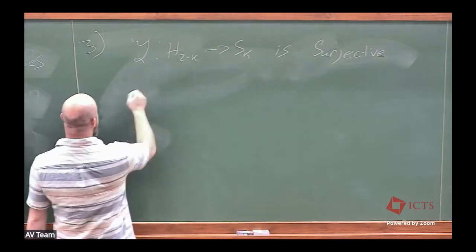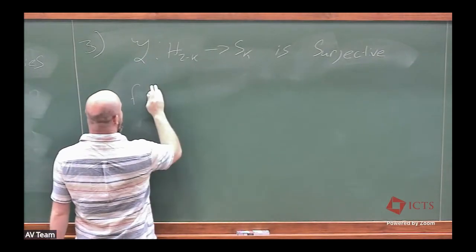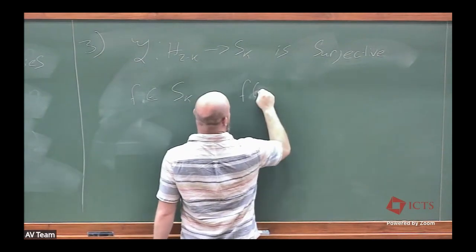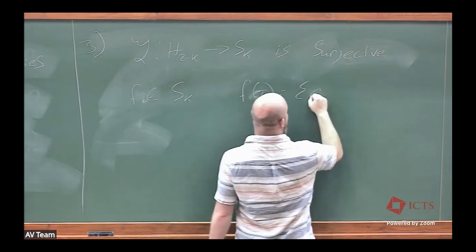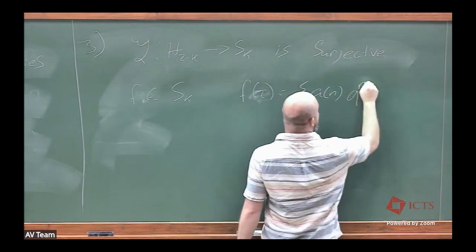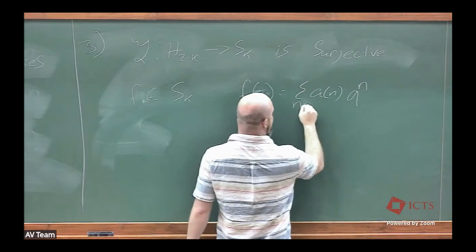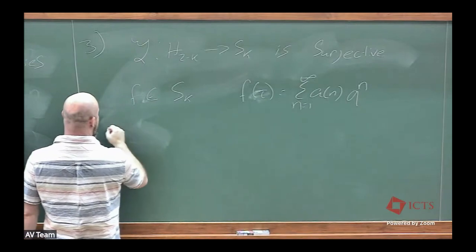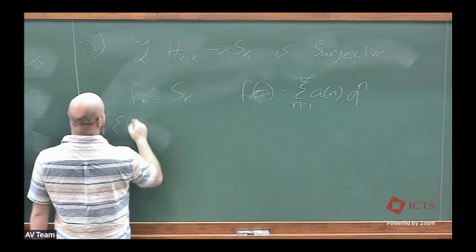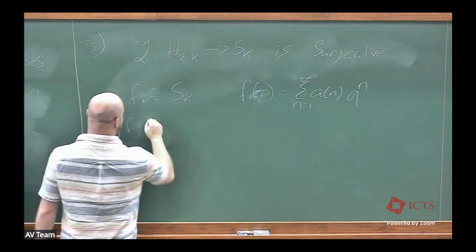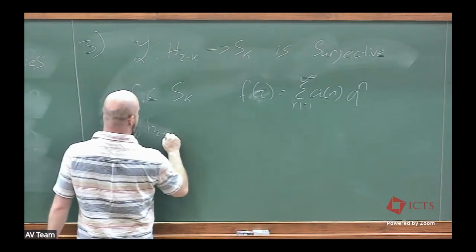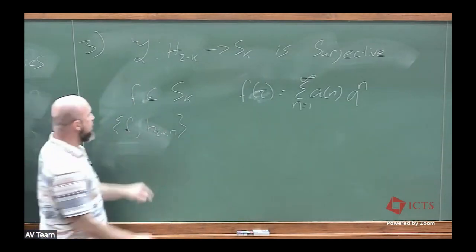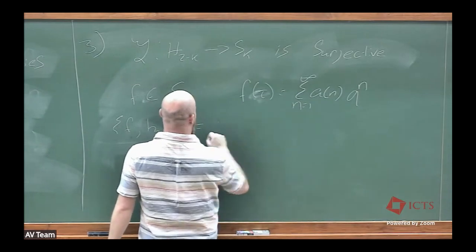Again, if I take f to be a cusp form in S_k, and let's say that f(tau) is equal to the sum of coefficients a_n q^n. It's a cusp form, so this is going to be n equals 1 to infinity. It turns out then that the pairing of f with this harmonic Maass form, h_{2-k,n}, the formula for the pairing is going to pick out just the nth coefficient of f(tau).